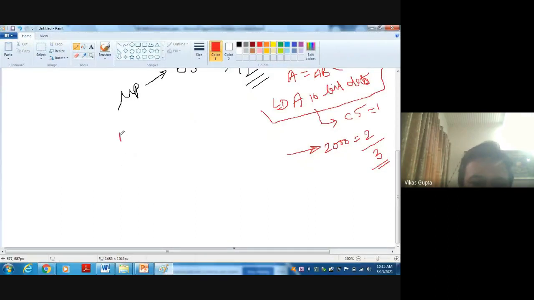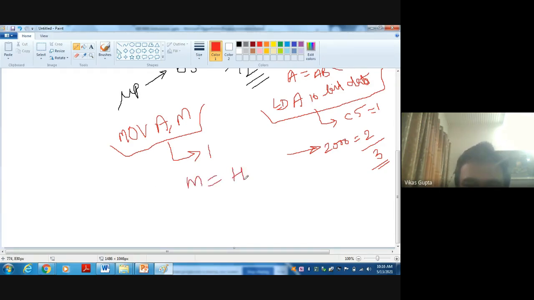Let's say we have MOV A, M. Obviously, the microprocessor takes this as a single instruction and the size of the hex code to implement this instruction is 1 byte, but here you all know M represents the HL pair.